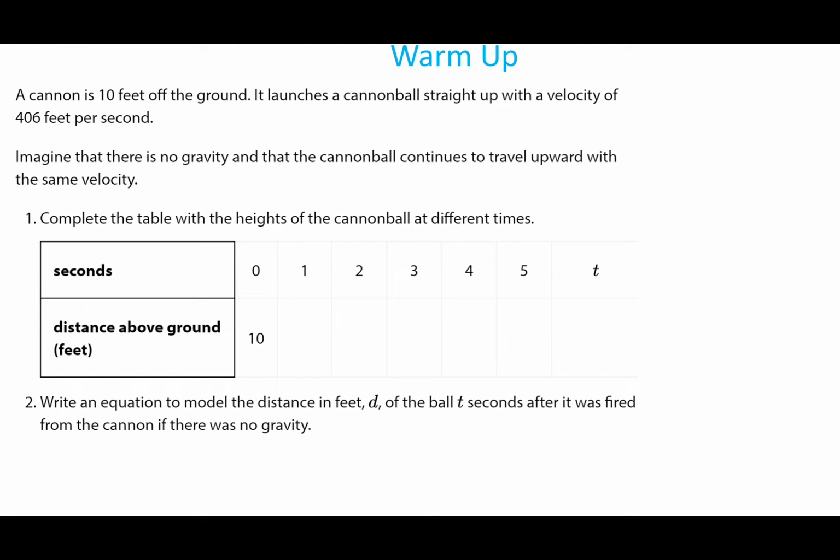Our input for this table is seconds, and the output is distance above ground in feet. Pay attention to our velocity here, and also that our starting value is that it begins at a height of 10.